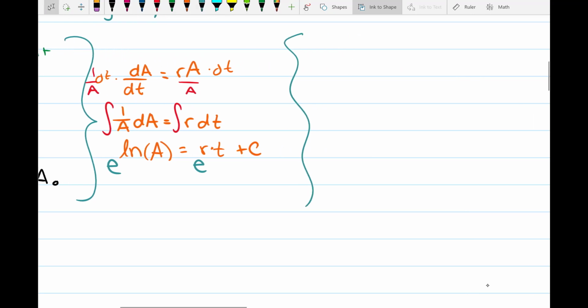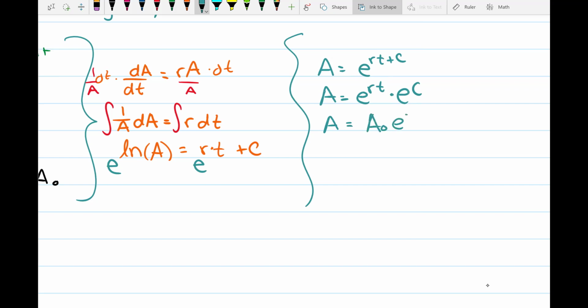So we're going to get A is equal to e to the rt plus C. So A is equal to e to the rt times e to the C. And we're going to call e to the C A naught. Again, you can call it C if you want, times e to the rt. And so A as a function of t is A naught times e to the rt.